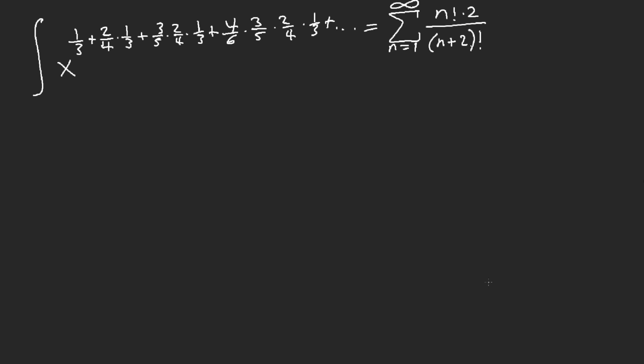Because if I'm doing factorial here, 3 factorial means I need times 2. So if I need times 2 here, I need to multiply 2 here as well, so that this actually does become a factorial number. Otherwise, I'm missing a 2. So that is why I have a 2 right here.